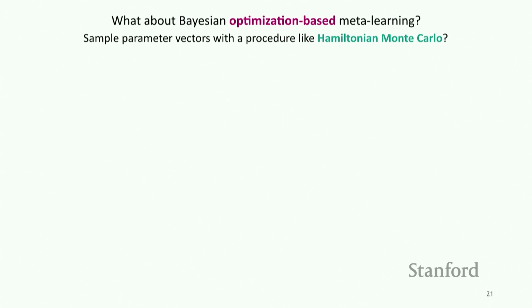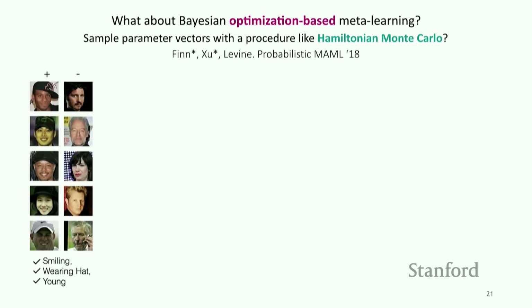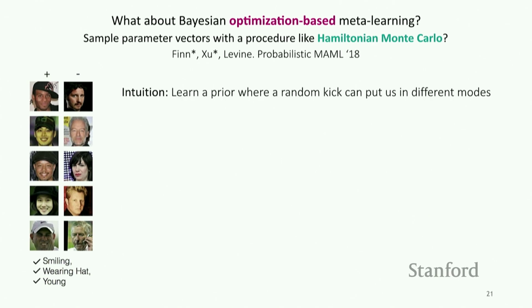In particular, what Hamiltonian Monte Carlo does is it adds noise and then runs gradient descent repeatedly in order to sample from some distribution. So if we have our example shown here where we have this ambiguous situation, what we want to do is learn a prior such that a random kick in any direction will put us in different modes of our distribution.